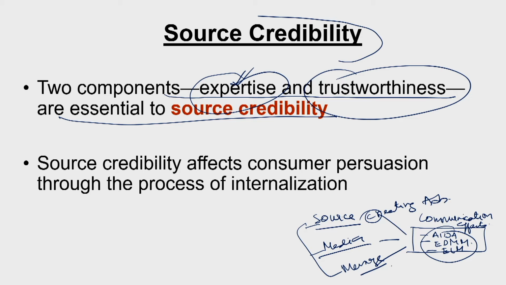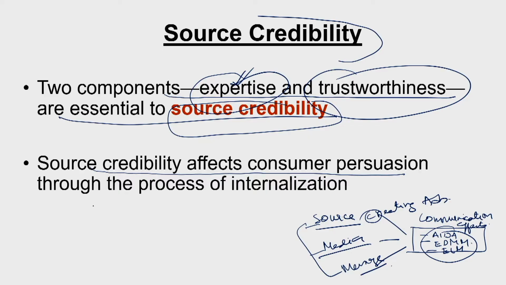An ad for spices will be more influential if a chef actually advertises this masala, because chefs know more about spices, they use spices in their daily life, and they are more expert in that and more trustworthy than using Shah Rukh Khan in an ad for spices, because he is not an expert. And so, source credibility has a lot to say in terms of expertise and trustworthiness. Also, source credibility affects consumer persuasion through the process of internalization. So, why does it happen? It happens because people internalize this message.